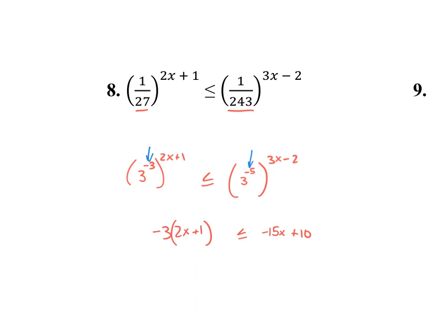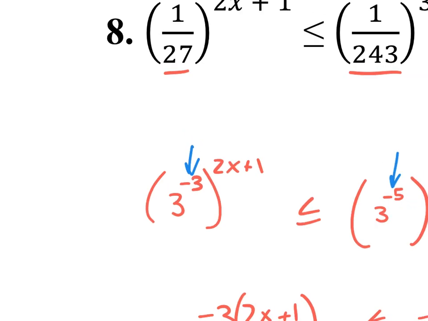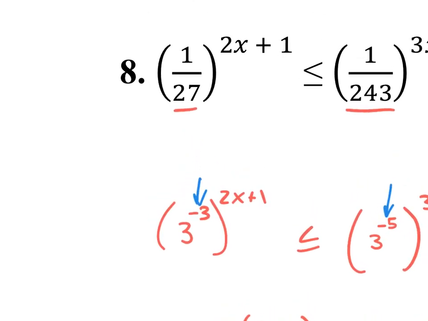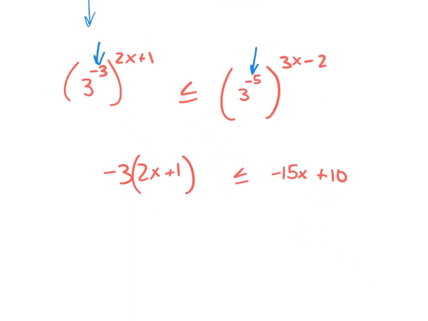All we do is rearrange the way things worked, so that's not actually going to count as needing to flip the inequality. The only time you flip the inequality is when you divide both sides by a negative number or multiply both sides by a negative number. This is just re-expressing the way the problem looks. 3 to the negative third is the same as that, so it will not cause an inequality flip.